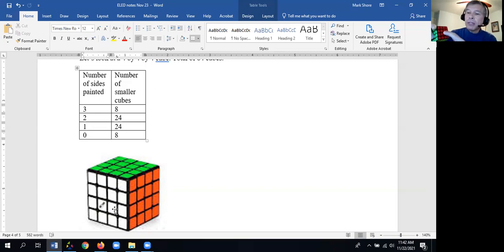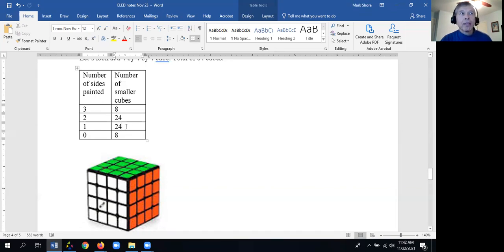And it's true on the other side too. All 4 of these have 1 side painted, and all 6 sides have 4 painted, just one color. Okay, so 6 times 4 is 24. 6 sides in which 4 are only painted 1 color.